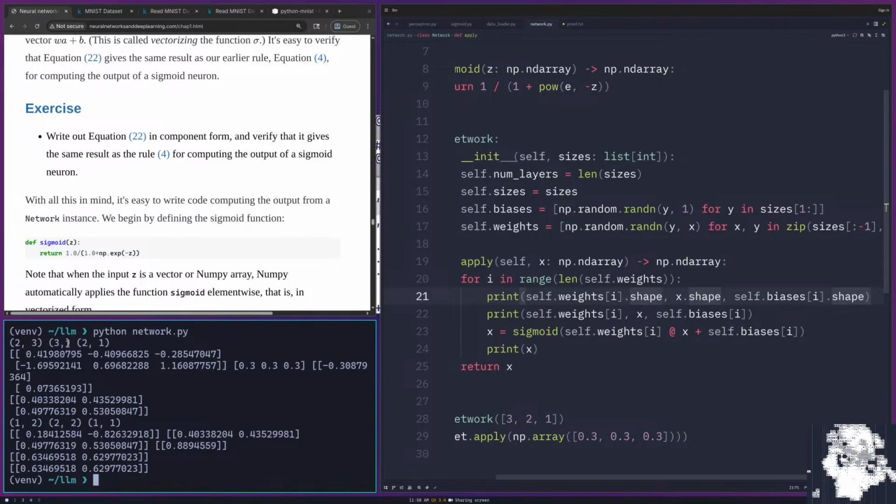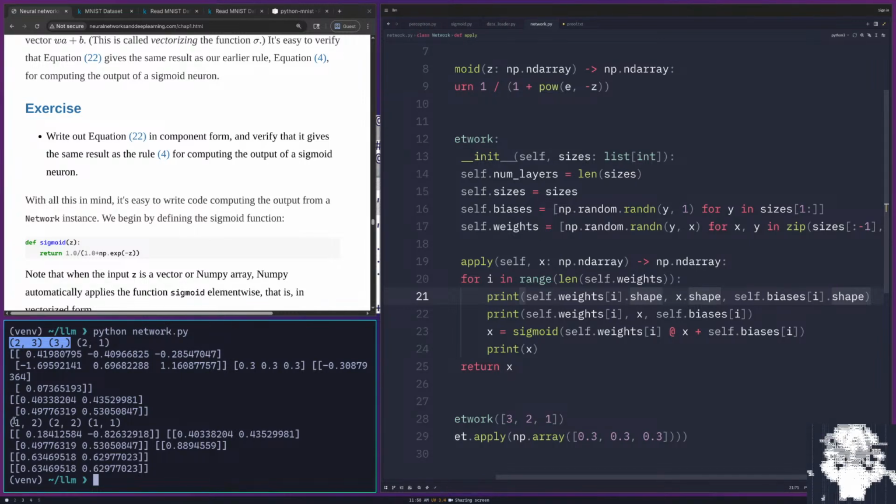So if you're not by anything, you're by 1. So when these multiplied together, you end up with a 2 by 1. And then you add a 2 by 1 to that, and you still have a 2 by 1.